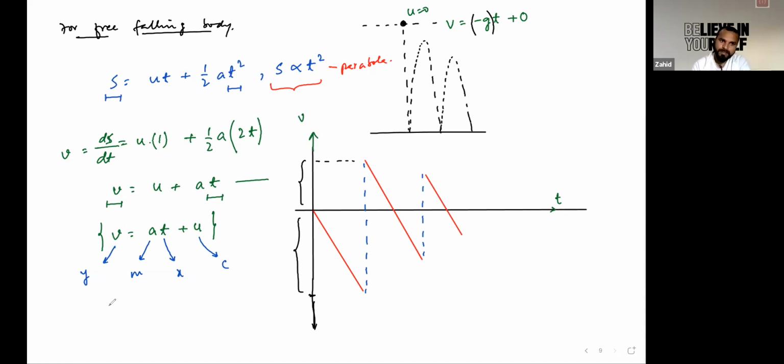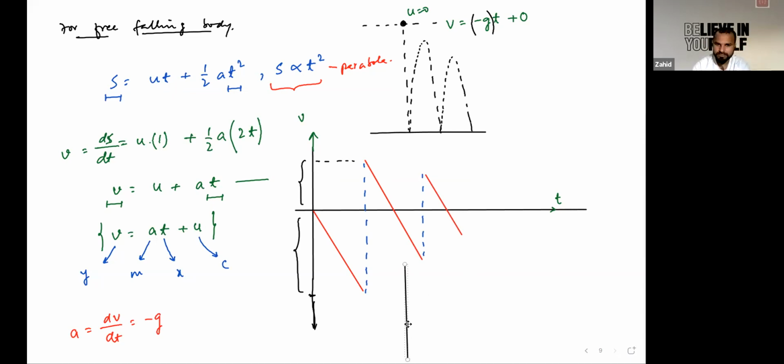Now, if you further differentiate it, you'll get a, which is nothing but g, which is always negative. So a is equal to minus g. Is this acceleration time dependent or not? Mariam? Yes.